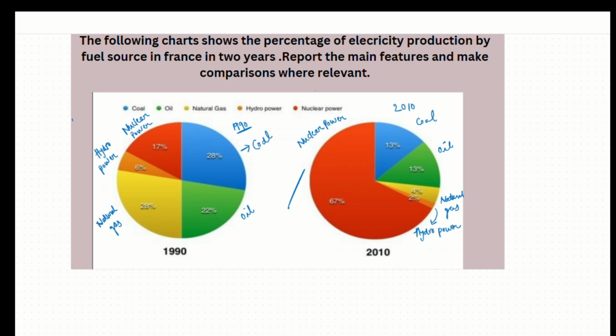First you have to introduce the same line with synonyms in 2 to 3 lines. Then there will be an overall, you have to discuss the whole data in 4 to 5 lines. Then there will be a third paragraph and fourth paragraph where you have to discuss one pie chart. Then you have to discuss the second pie chart, 1 year. Then in the fourth paragraph you have to discuss the other year. So with this we completed our whole discussion of pie chart.